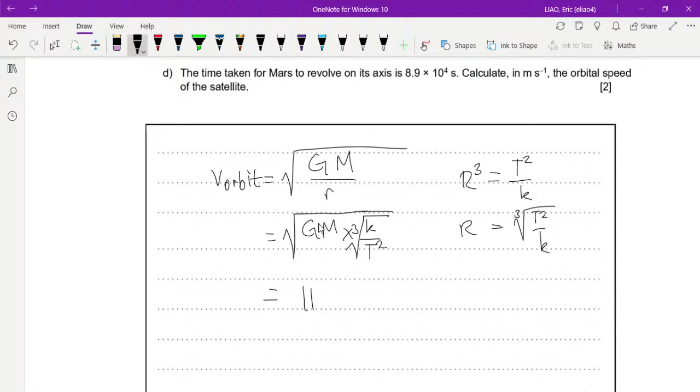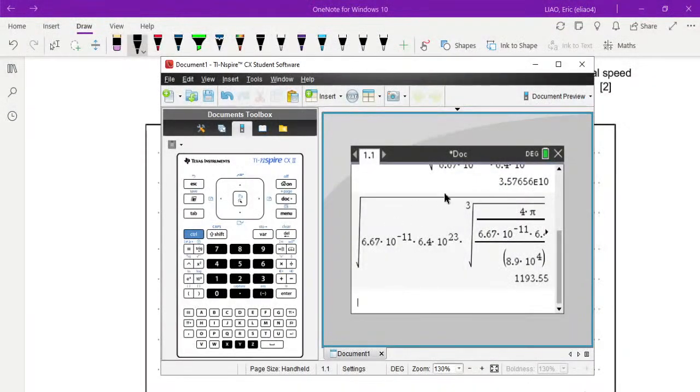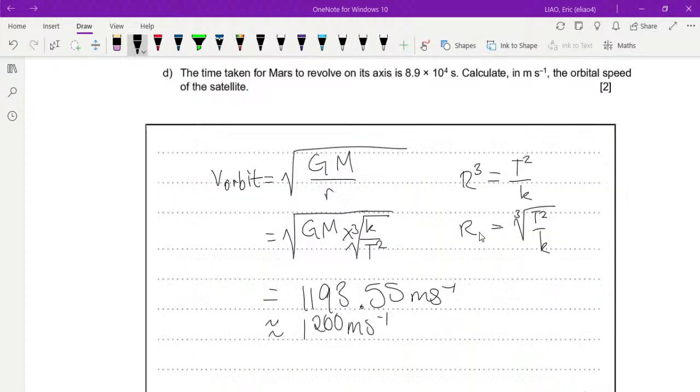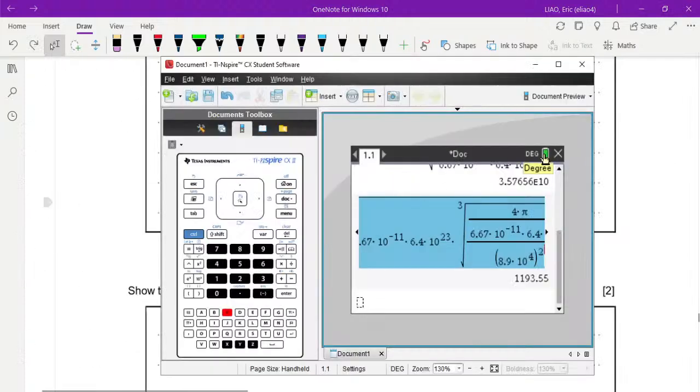So, one. We shall just copy and paste. Can we copy and paste like that? I wonder what happens. Ooh, no. We shall not.